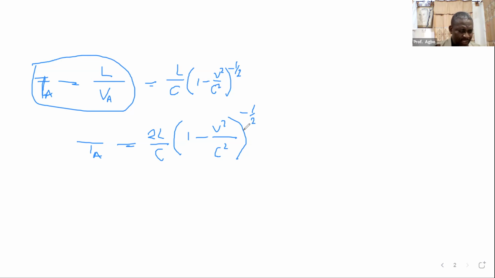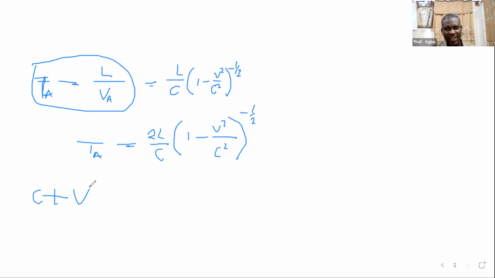Now we consider the swimmer swimming parallel to the banks of the stream. The velocity downstream is C plus V, because if you are moving in the direction of the flow of the river, you'll be moving quicker; the two velocities add together.